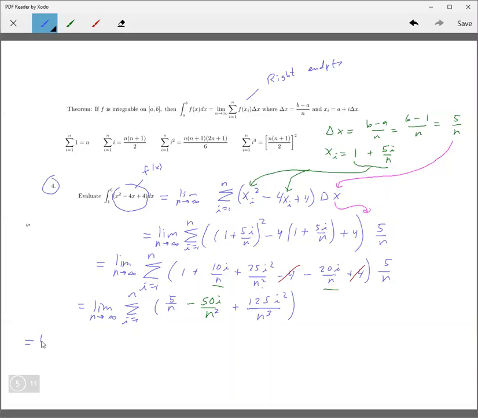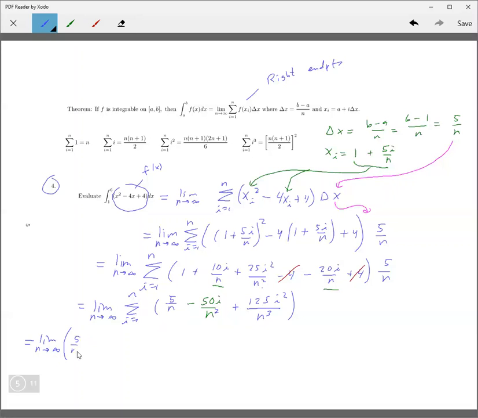Okay, so I combined everything and distributed the 5 over n inside. Now I'm going to split it up into different pieces and rearrange it a bit. This is actually the sum of this minus the sum of that plus the sum of that.